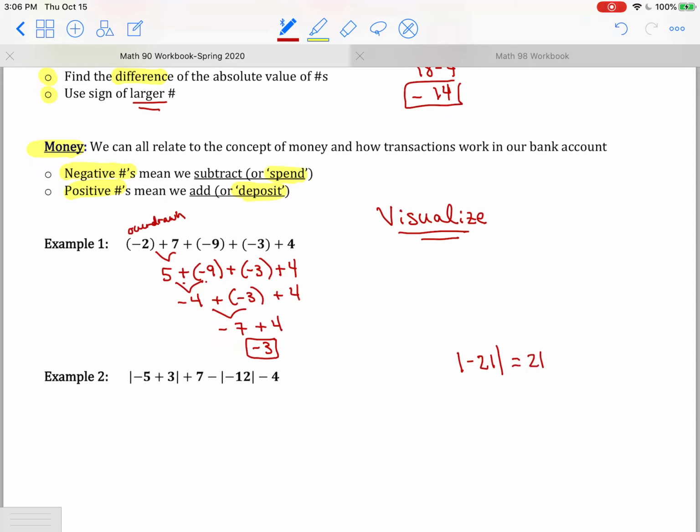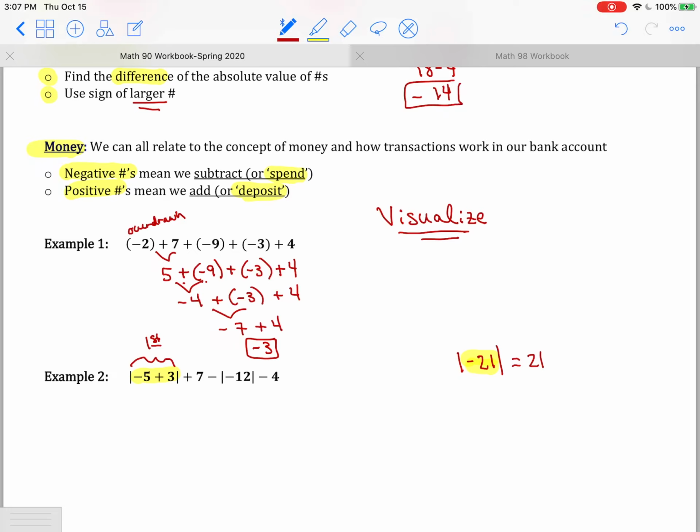Well, it's 21 spaces. The difference here is that we have two numbers in here, not just one number like the negative 21. Whenever you have that situation, remember that you have to do the math inside first, until you have one number to evaluate the absolute value.